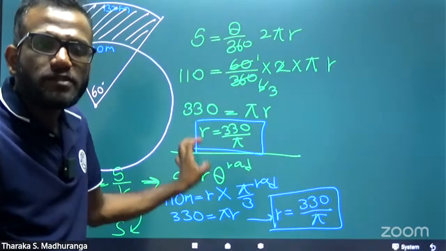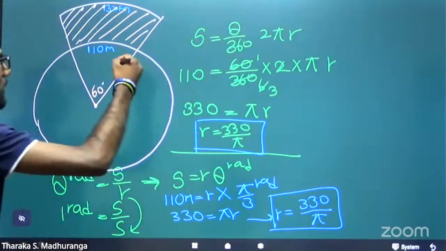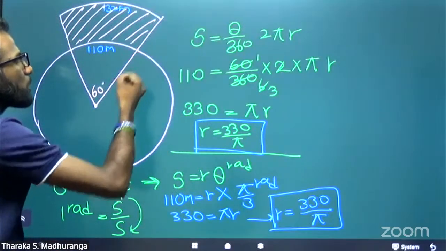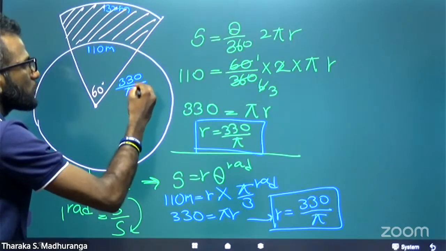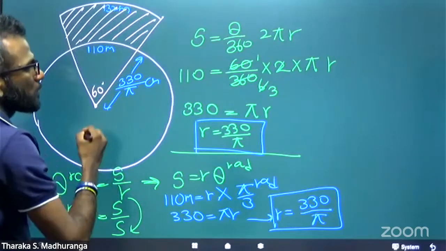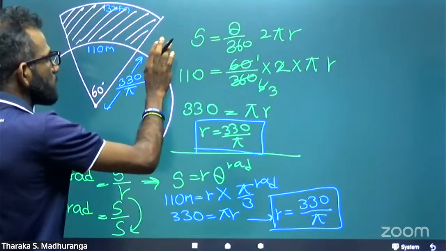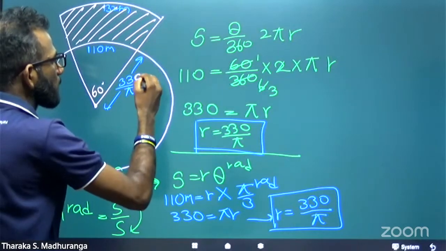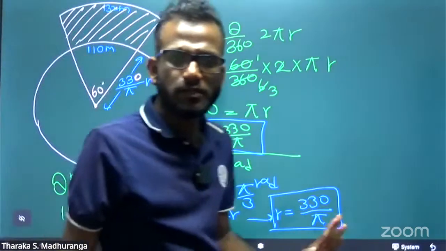Understood these two methods? I got the radius, but only one radius so far. This small part radius is 330 over pi meters. Not centimeters, sorry, meters. Understood? Any doubt?